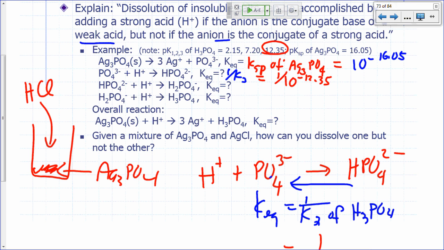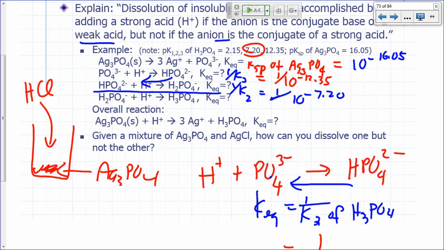And then if you look at this second reaction, what is that? That's just the opposite of K2, the second ionization step. So the KEQ for this is 1 over K2. That's 1 over 10 to the negative 7.20. You look it up, you'll find the second ionization step of phosphoric acid has a pKa of 7.2.